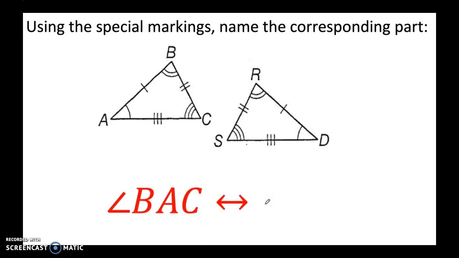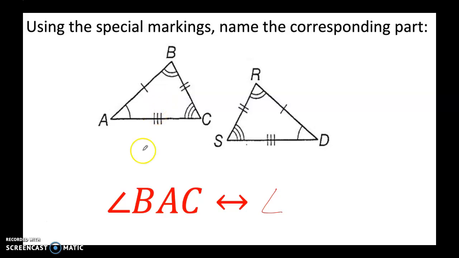Next, angle BAC. We have angle BAC corresponds to, so let's check. B corresponds to what? A corresponds to what? And C corresponds to what? Since this is an angle, it corresponds to an angle of the other triangle.